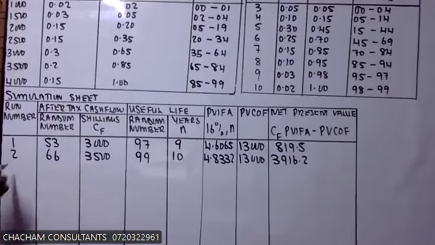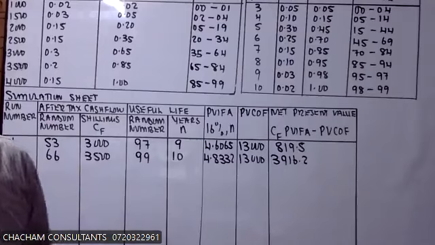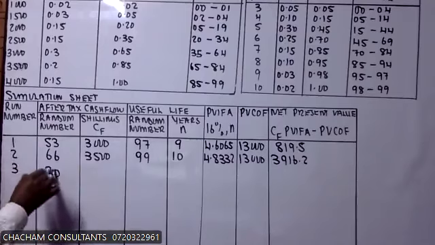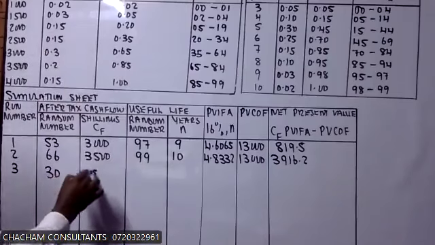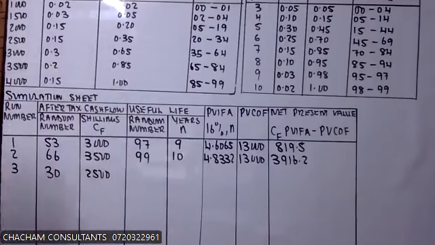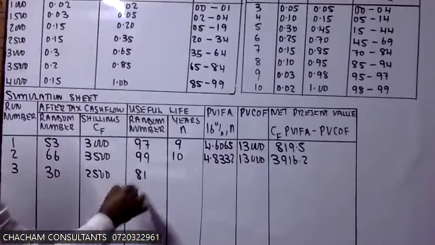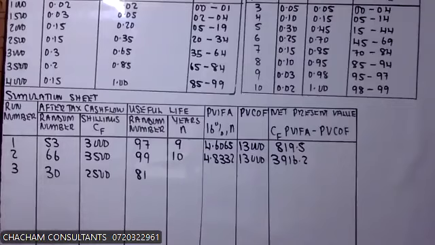Let us go to number 3. Number 3, the random number is 30. So 30, looking here, we have 2,500. Then we have 81. 81 you look up there, it gives us 7 years.